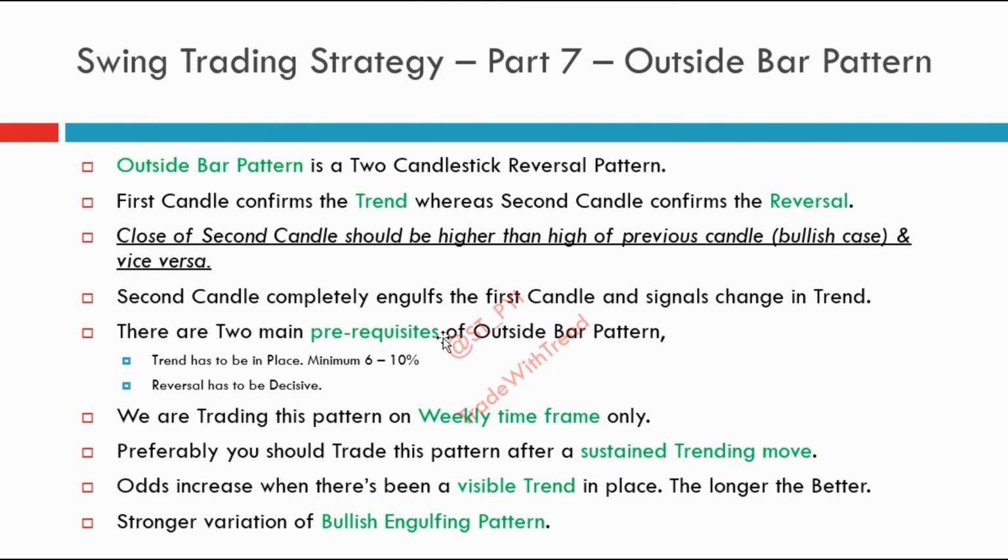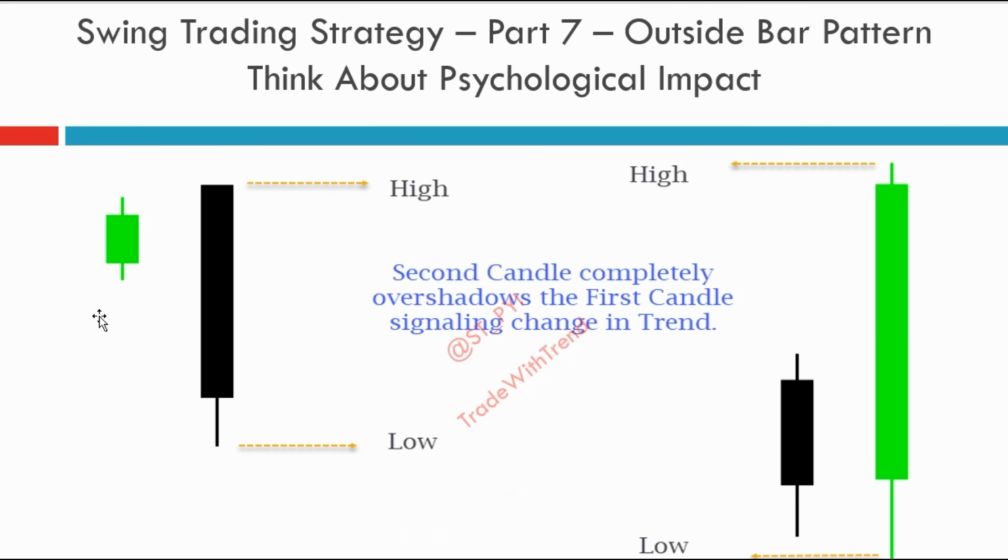So the two main requisites that I have categorized for this particular pattern, number one, the trend has to be in place, a prior trend, whether uptrend or downtrend, and minimum 6 to 10%. In my opinion, the larger the better. And the reversal candle has to be extremely decisive. That is, the signal from this candle should be that a complete psychological shift has happened and now price is willing to trend in the opposite direction.